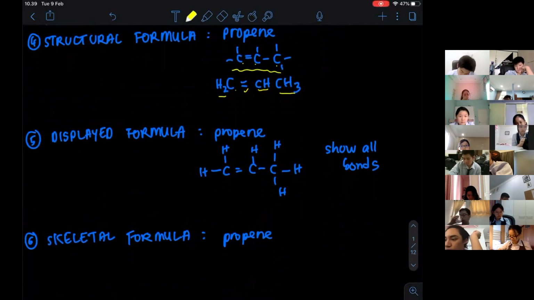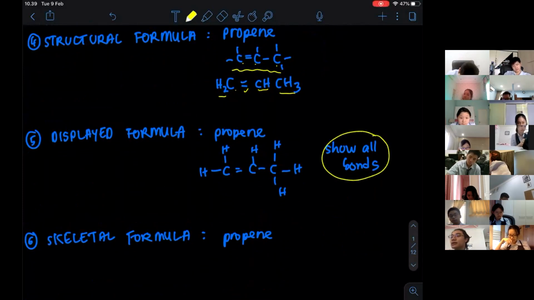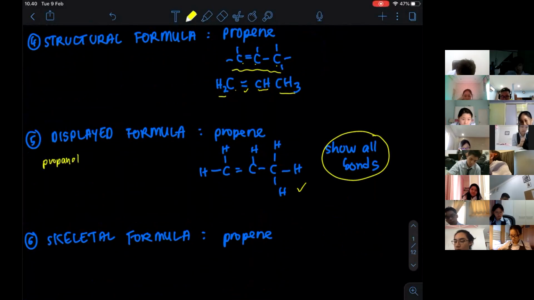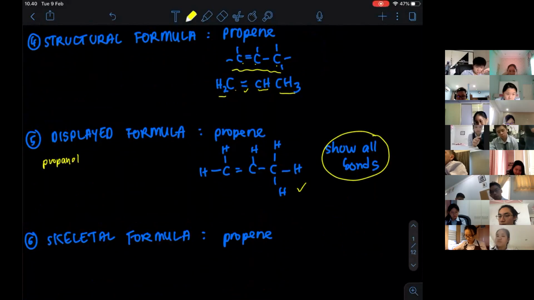Now we also have this displayed formula. Take note, displayed formula will show all the bonds. For example, if you have propene, you are going to show all the bonds that are involved. Let's say I want to show the bonds for propanol. Propanol is an alcohol which has 3 carbons, prop is 3.